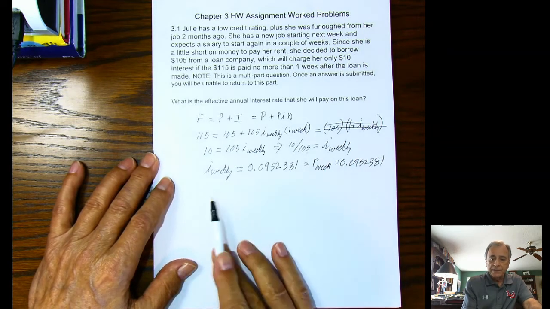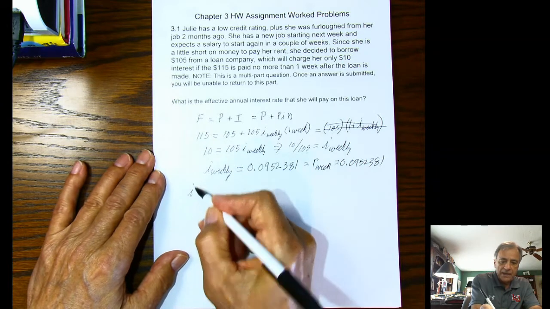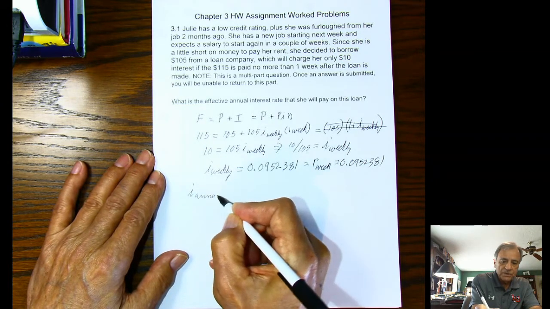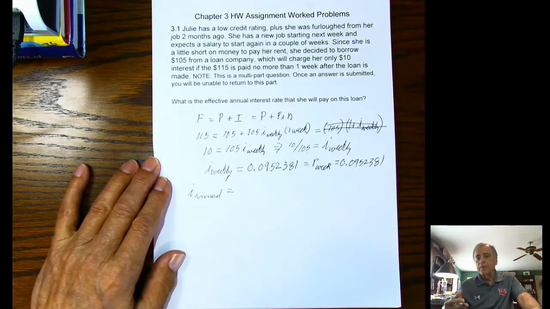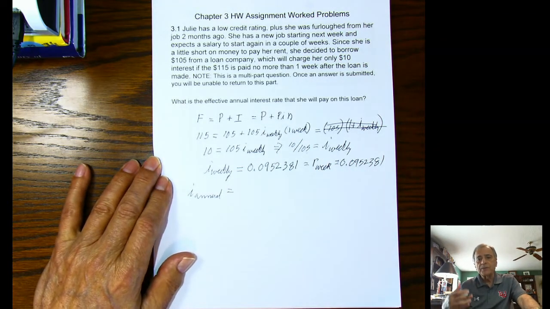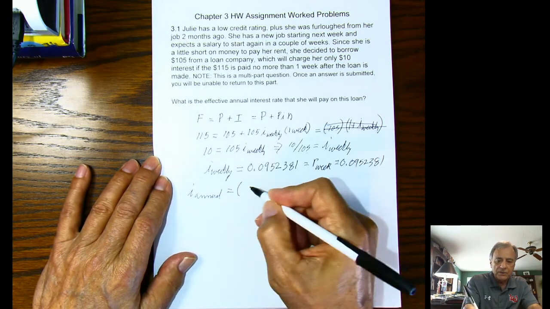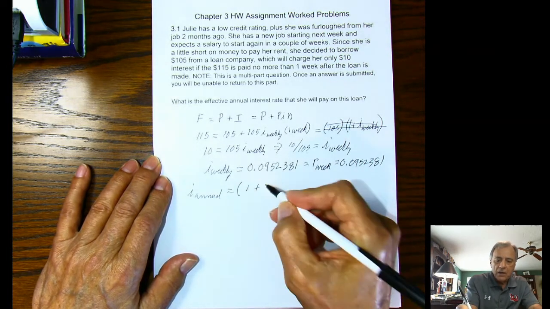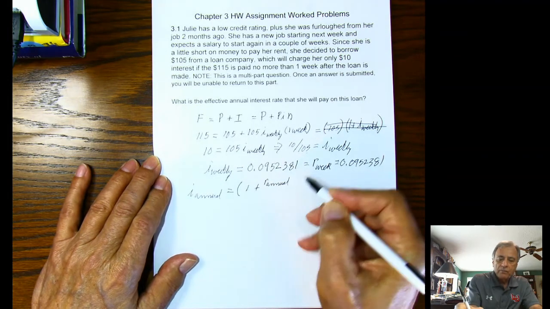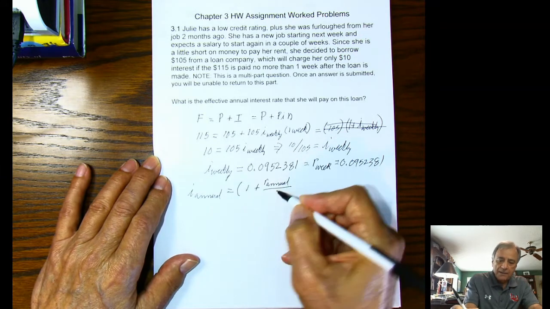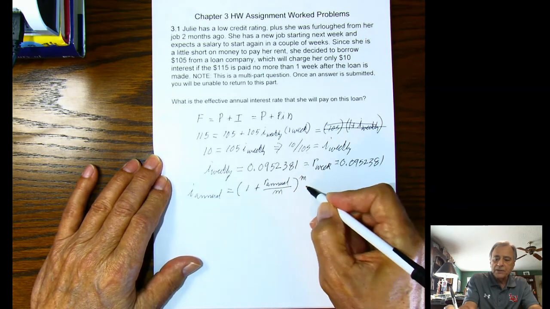But now to get the effective annual rate, I annual, which is what we really want, remember the formula: 1 plus R over M to the M power minus 1. That's the effective interest rate formula. So this is going to be 1 plus R annual divided by M to the M power minus 1. Well, what is M?